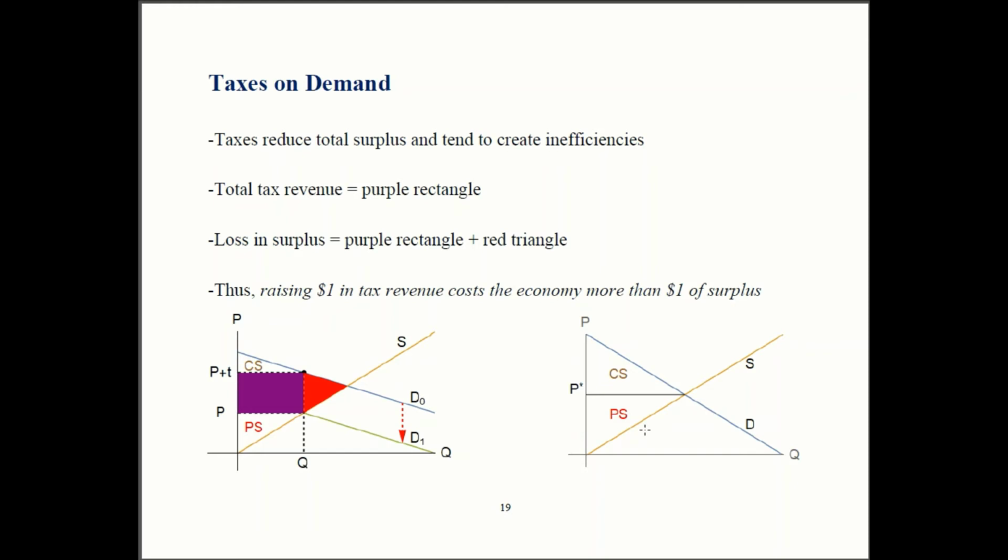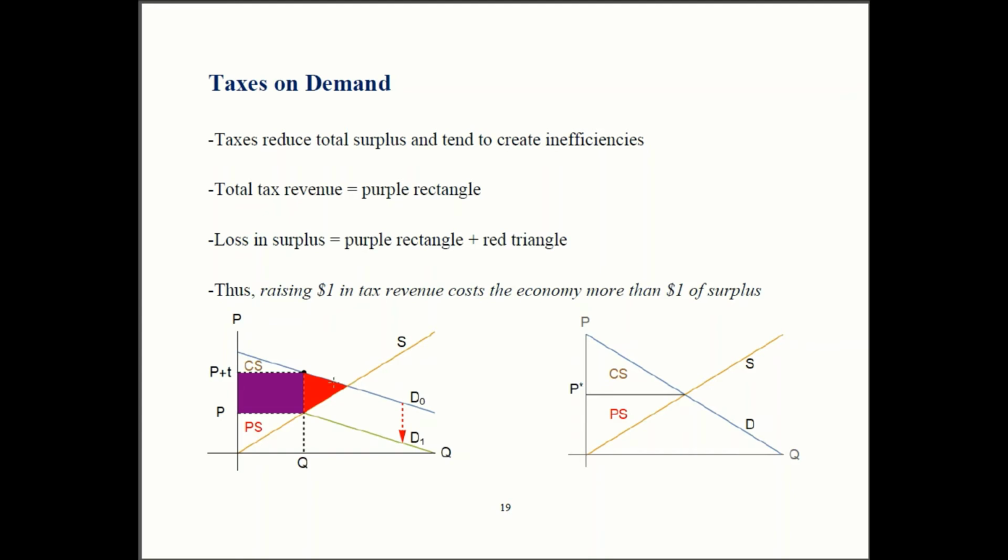When you put a tax in place though, now that area is nobody's surplus and absolutely no one is benefiting from that. What's going on? Well, you put a tax in place, consumers start buying less. So these transactions over here in this red region could have benefited both consumers and producers.